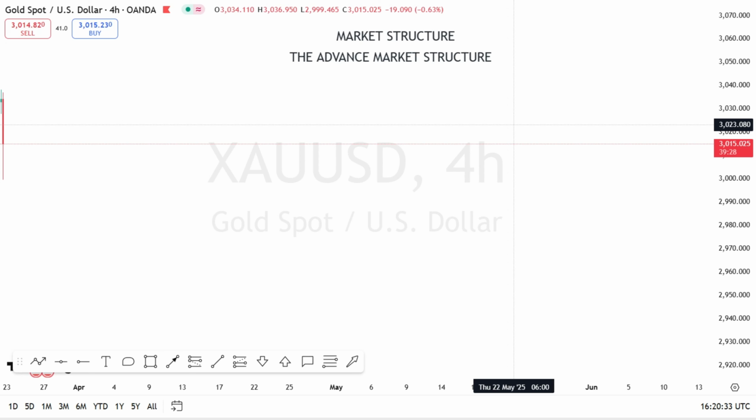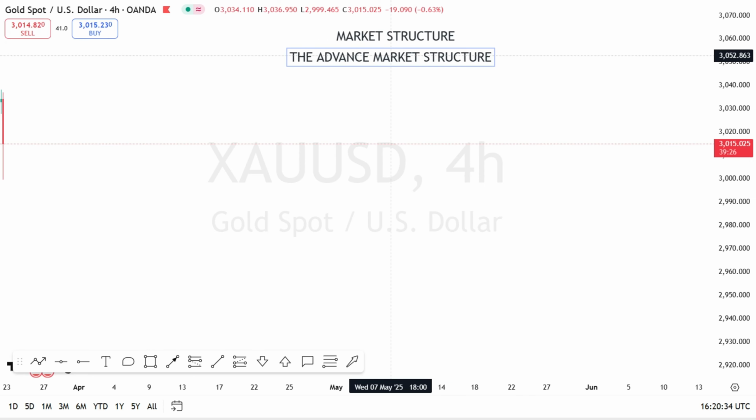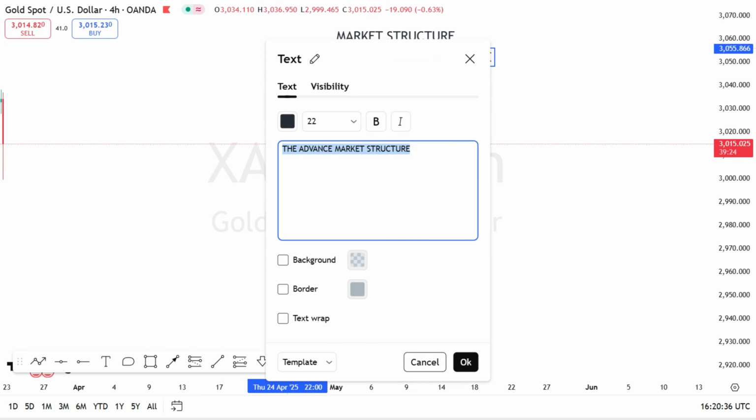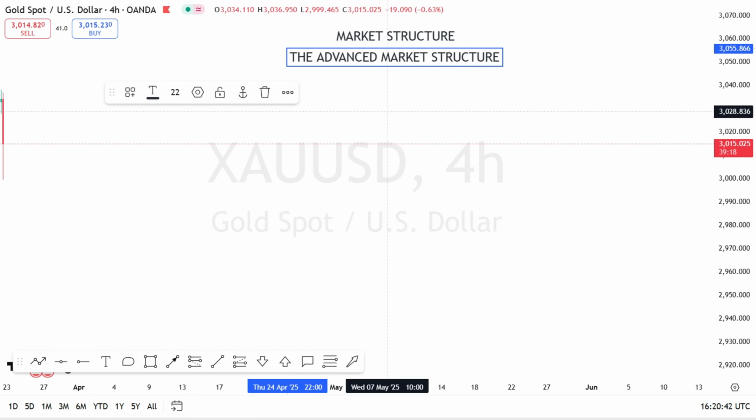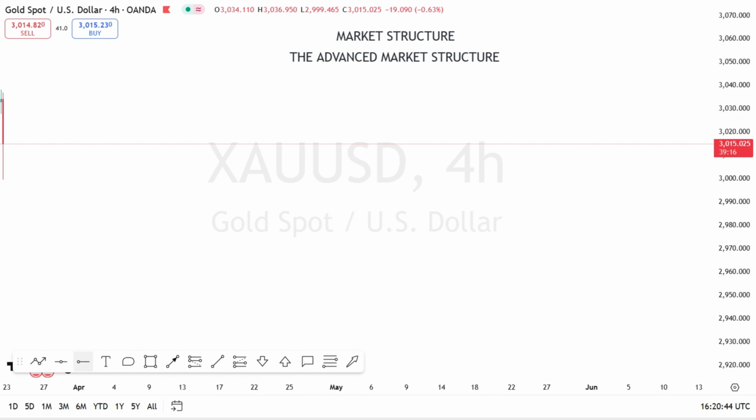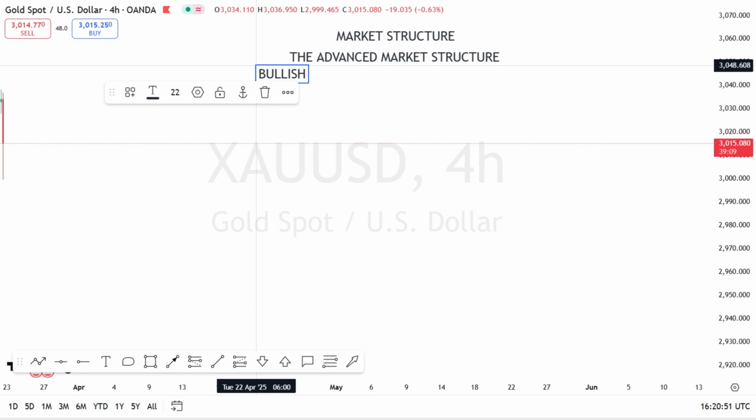All right. The advanced market structure also has three structures. You have the bullish market, you have the bearish market, and you have the ranging market.